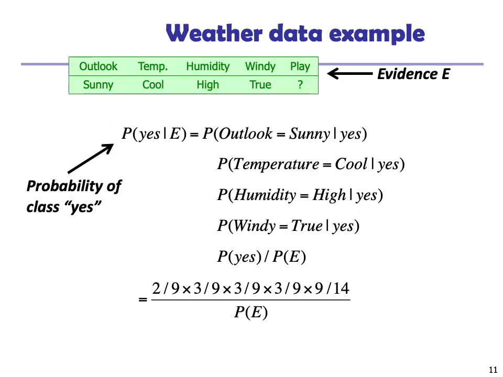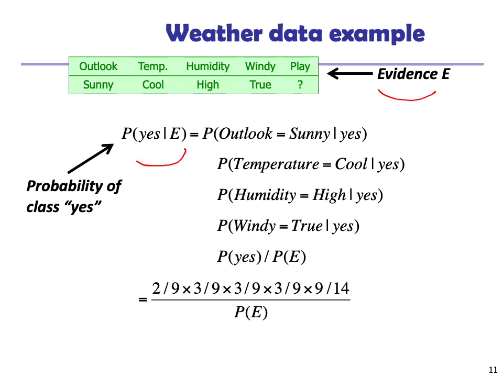So now you can see that we did apply the Bayes rule to calculate the likelihood to classify the new day, which is the evidence. So given an evidence, we calculated the probability of both classes yes and no, and then we chose the one that has the highest probability.